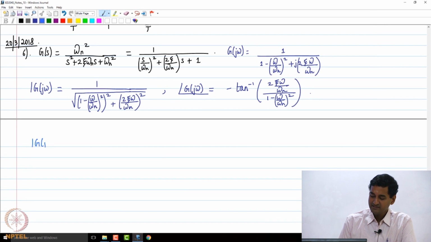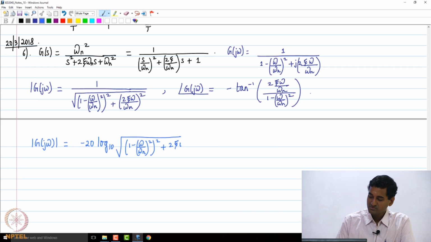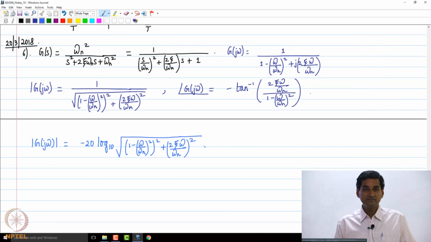We can immediately see that the magnitude of this factor in decibels is going to be minus 20 log to the base 10 of the square root of 1 minus omega by omega n whole square, squared, plus 2 zeta omega by omega n whole square.